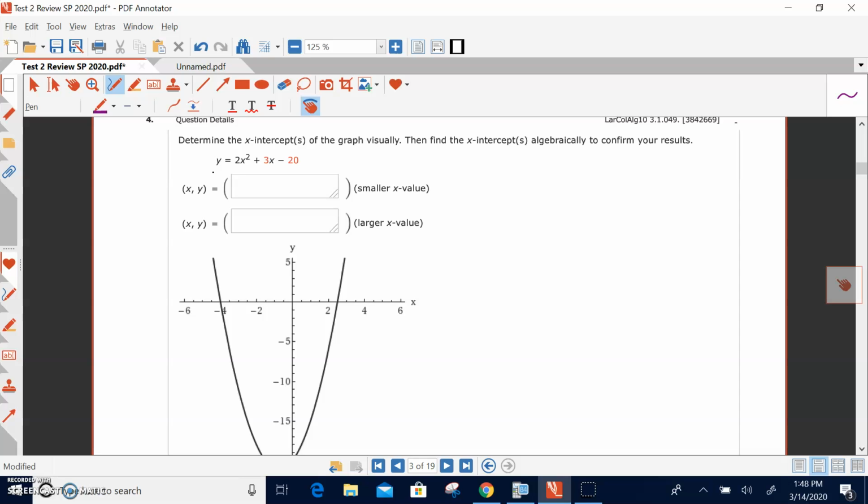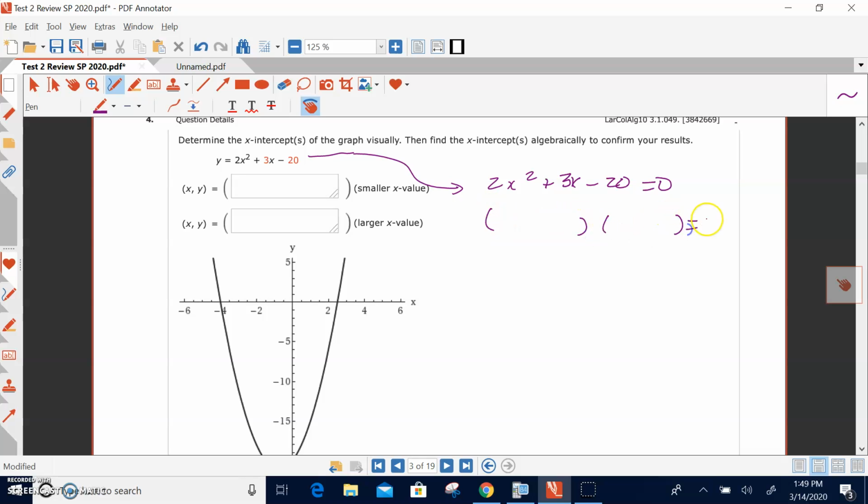We want the x-intercepts for this guy. Well, x-intercepts is just another name for the zeros. Now, we could do this on our calculator, or we could do it algebraically. If I wanted to find the x-intercepts or the zeros algebraically, I would take 2x squared plus 3x minus 20, set them equal to 0.